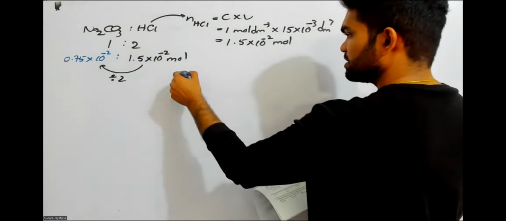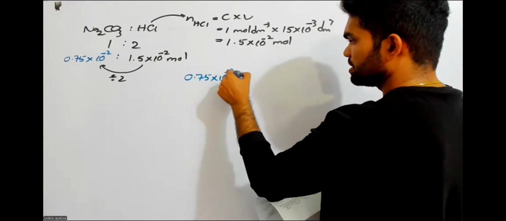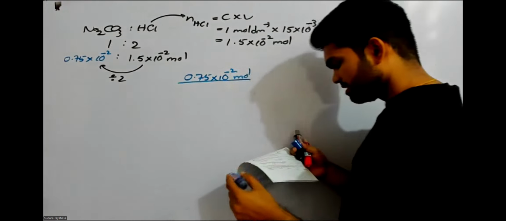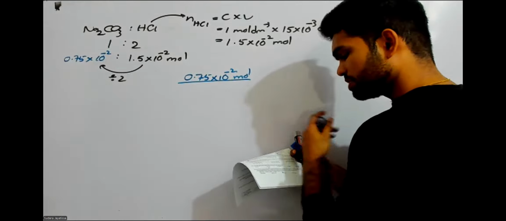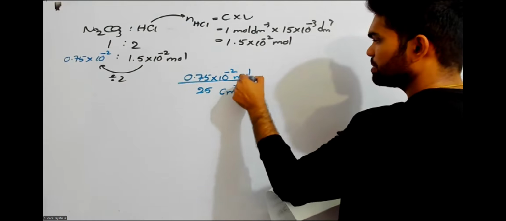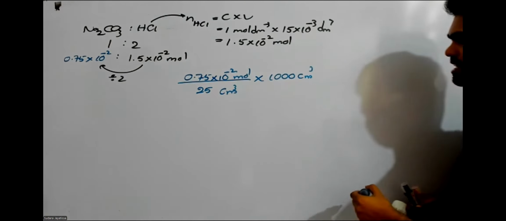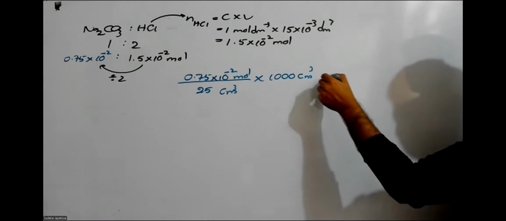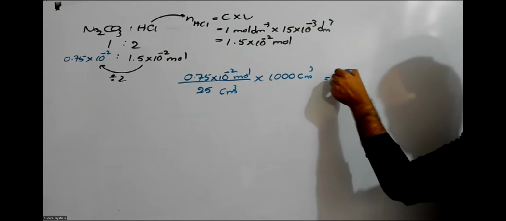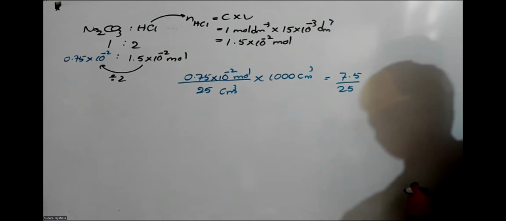So that 0.75 into 10 to the power minus 2 moles were there in how much volume? 25 cubic centimeters. So they're asking how much will be there in 1000 centimeter cube. So you are simply multiplying. Okay. So now let's simplify and see. 10 is remaining. So 7.5 divided by 25.